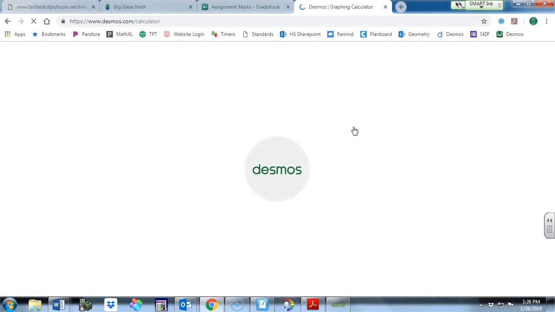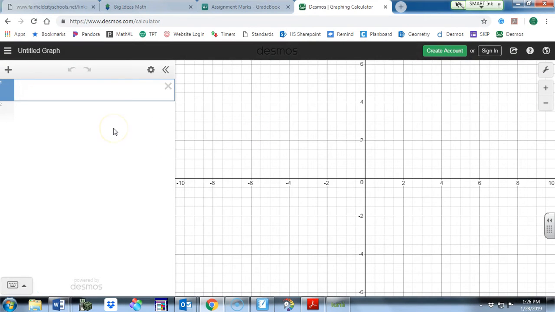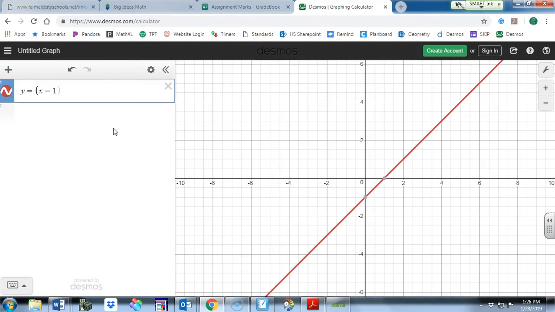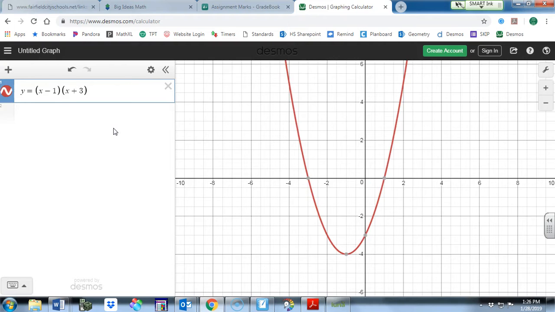And I'm going to type in this equation for number 1. y equals the quantity of x minus 1 and the quantity of x plus 3. This graph is a parabola. Again, we can click on all of those little gray dots. That'll help us draw our graph.